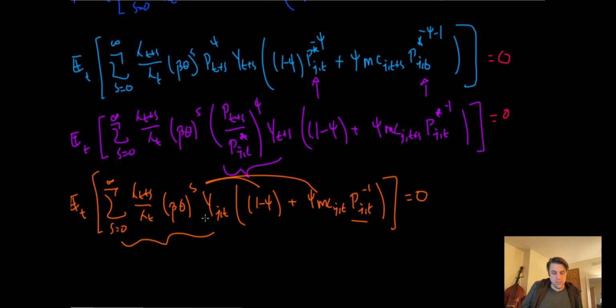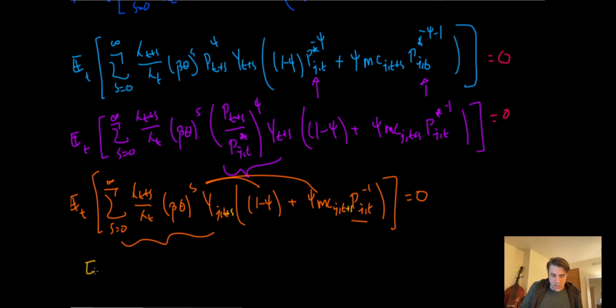And then we're going to rewrite the sum as 2 sums. And we can do that because everything has a t plus s, except for this t.